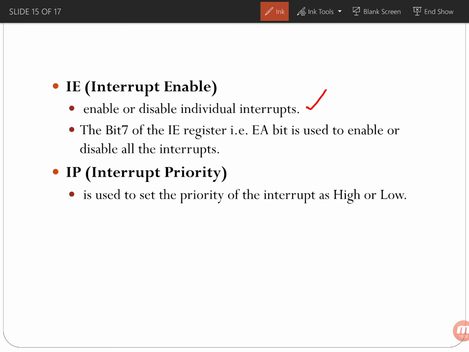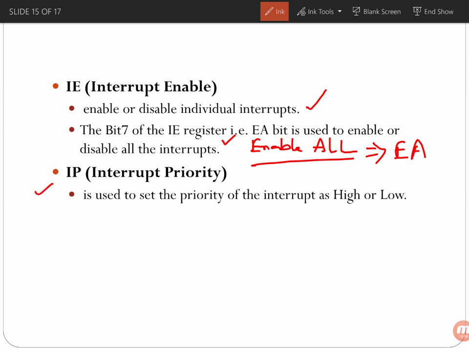Bit number 7 of the IE, that is EA, enable all, is used to enable or disable all the interrupts.